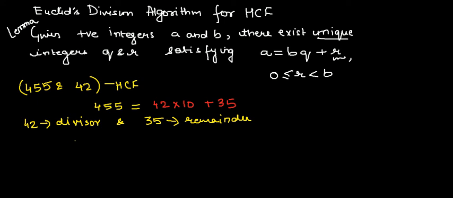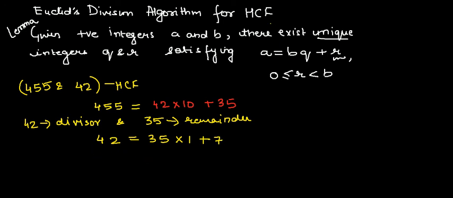Now again applying the division lemma, I can write 42. Dividing 42 by 35, I would get 35 into 1 plus 7.